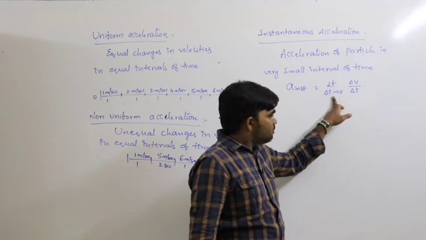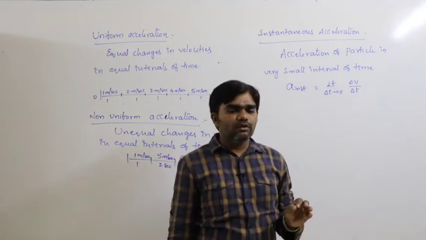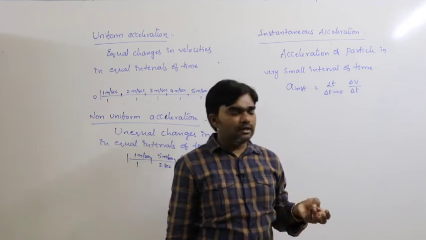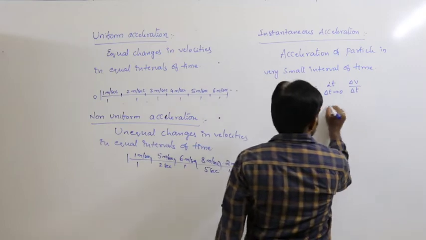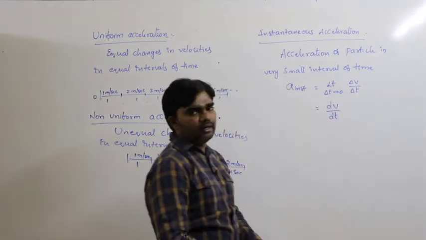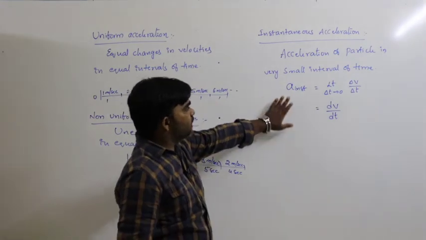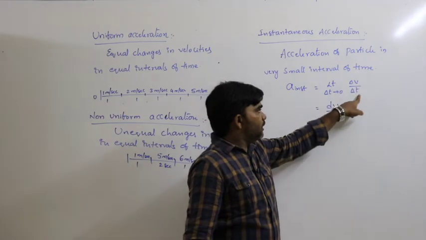In a very small interval of time, that means time interval nearly equal to 0, less than 1 second approximately, in that situation, the acceleration can be written as dv by dt. This is the instantaneous acceleration.